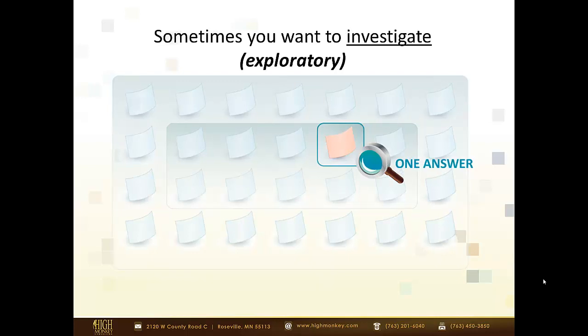The second group is our most challenging group, and these are what we call exploratory findability. What do we mean by that? Well, sometimes people just want to investigate. They don't know exactly what answer they're looking for. They kind of know. They understand the topic, maybe they understand some direction in that, but overall they're exploring. They're trying to find it. And these people are really frustrating because you don't have a really solid way, through just search terms, to get them to what they want.